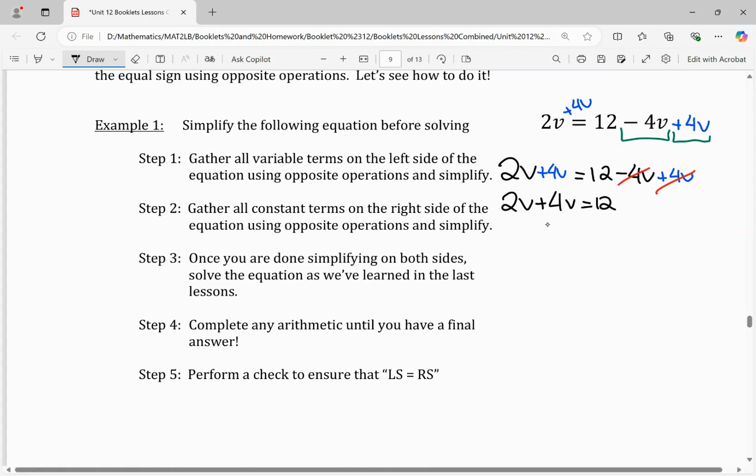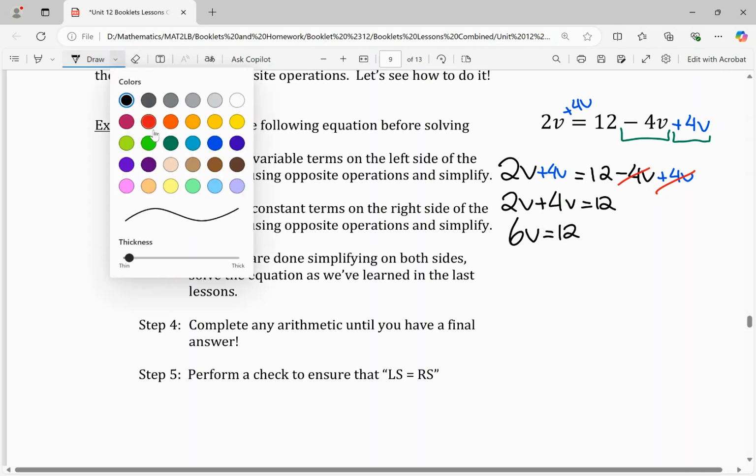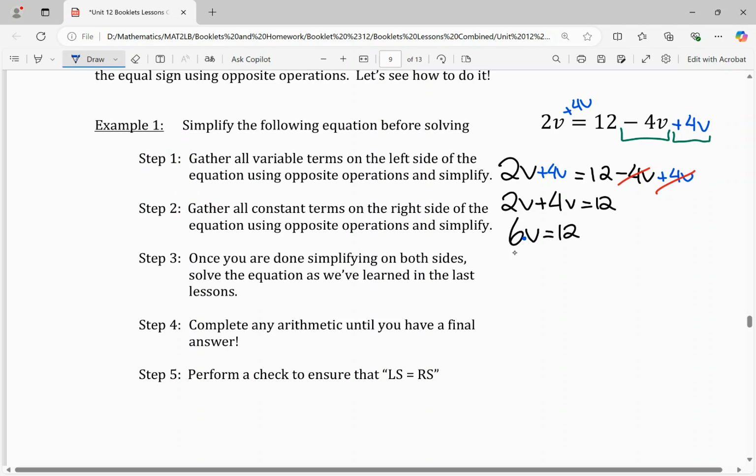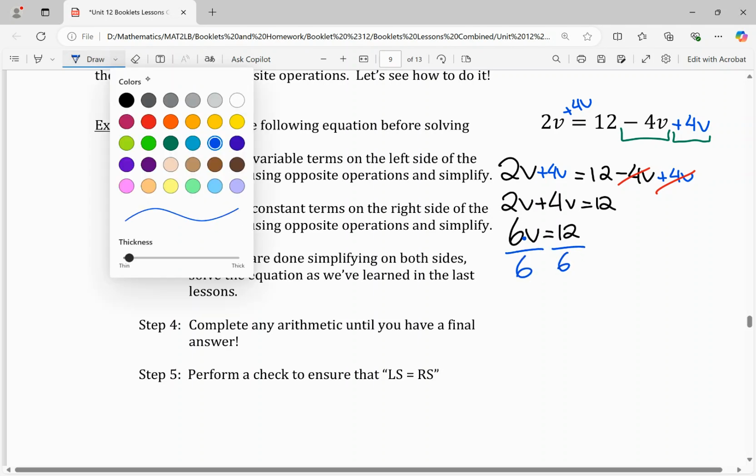Right? 2v and 4v, those are like terms. So we can add their coefficients. 2 plus 4 is 6. So 6v is equal to 12. Now, we're trying to isolate for v, so that 6 needs to get out of here. 6 is attached to the variable through multiplication, and the opposite of multiplication is division, so we're going to divide by 6.